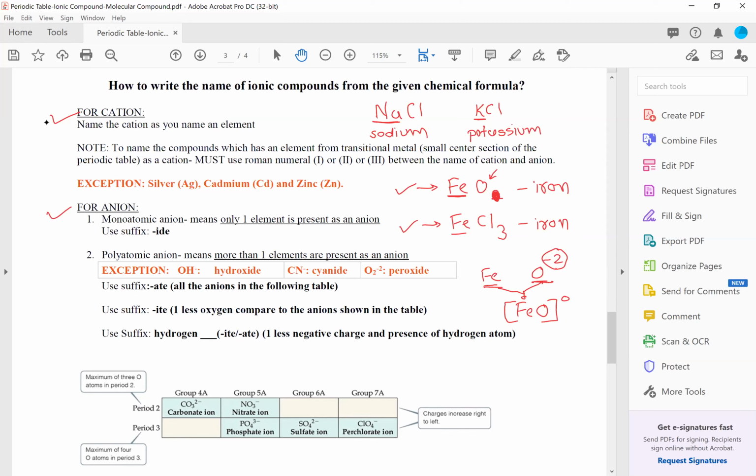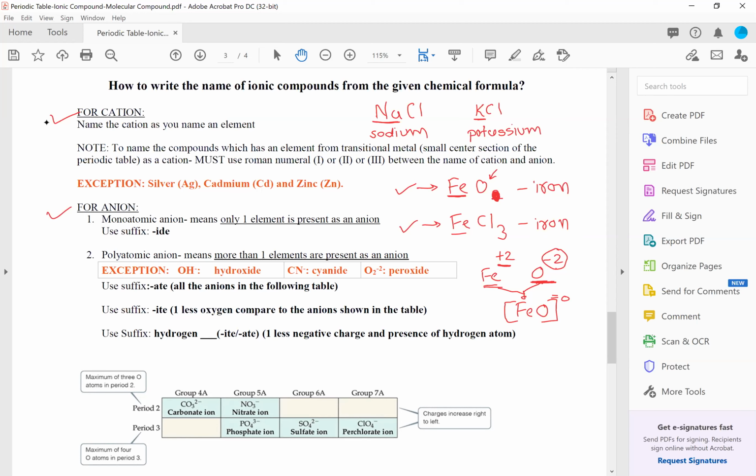Now, if I say the oxygen is carrying -2 charge, what possible charge can Fe have? Positive. Total 0. Positive what? +2. Everybody understand that?